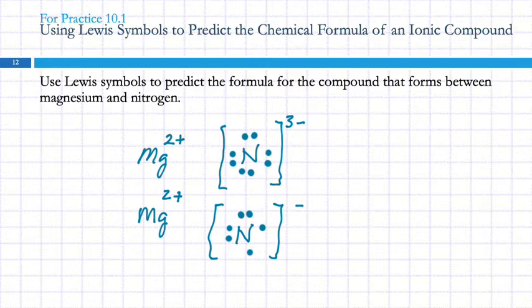No, we're almost done. We need another magnesium atom. 2 valence electrons. This nitrogen needs 2 more electrons, and this magnesium wants to get rid of 2 electrons. So this is 2+, and this is 3-.